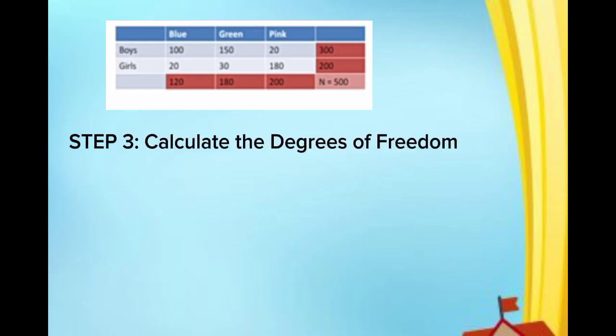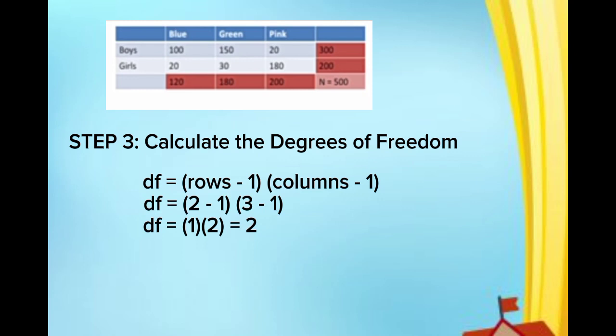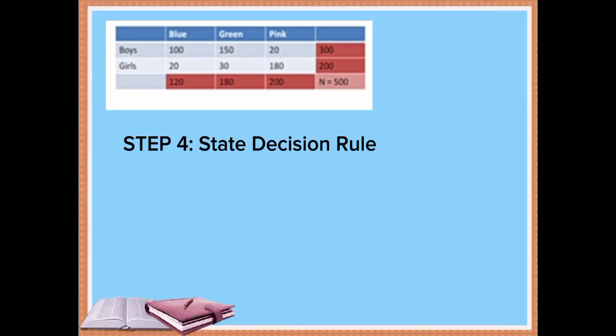Now calculating the degrees of freedom, we're going to take rows minus 1 times columns minus 1. It's 3 minus 1 times 2 minus 1, or 1 times 2, which is 2. This analysis will use 2 degrees of freedom, and that's how we'll find our decision rule.